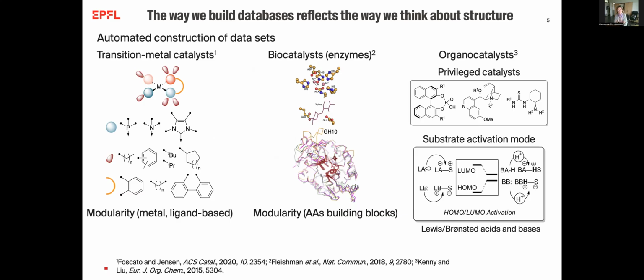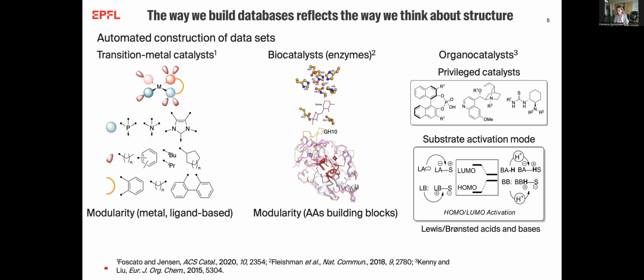It's a little bit similar with biocatalysts. They have a lot of modularity, which is what we are looking for when building structures from the bottom up. So you can have an ensemble of amino acids, and you shuffle them, and that will help you to build a biocatalyst. Organocatalysts, however, which is the topic I'm going to focus on, are not thought of as being modular.